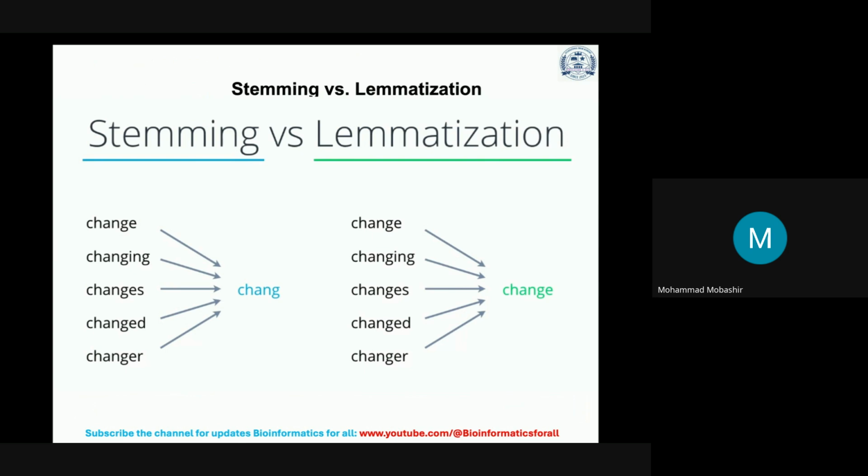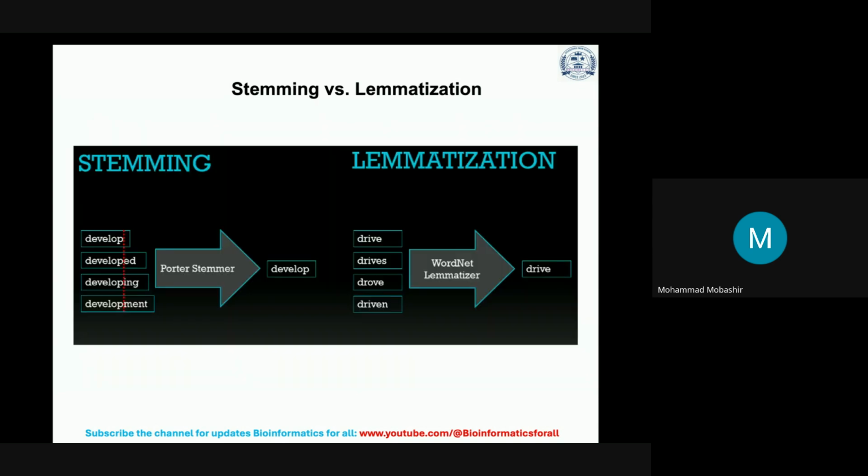While in lemmatization, here the lemma word is CHANGE, that is change. Now, if you want to understand more, you have other examples and you can clearly understand the real difference between stemming versus lemmatization.